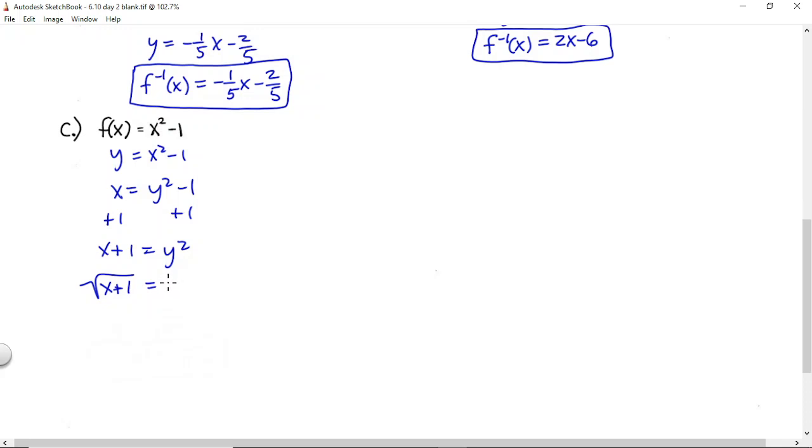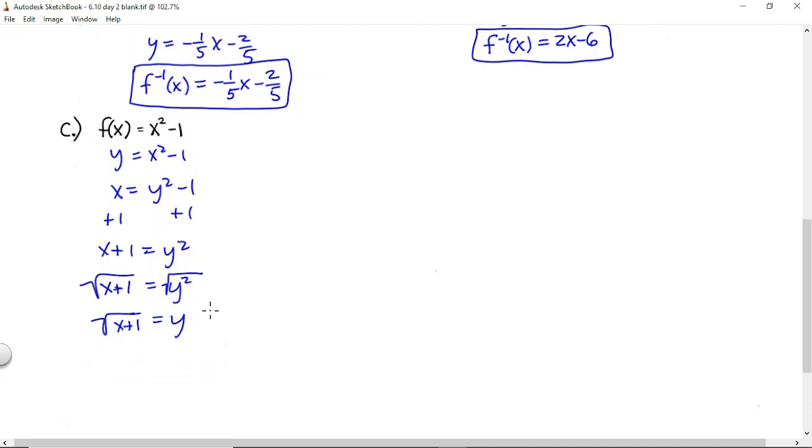So the square root of the left is the square root of x plus 1. And on the right, we take the square root of y squared. And the square root of y squared is y. The square root of anything squared, of course, is just the anything.